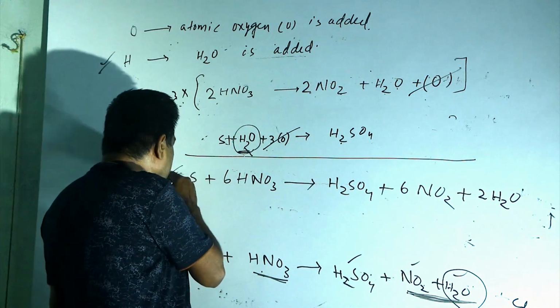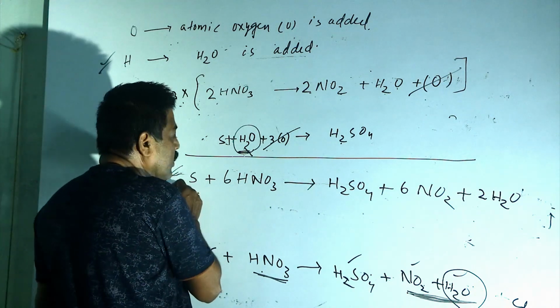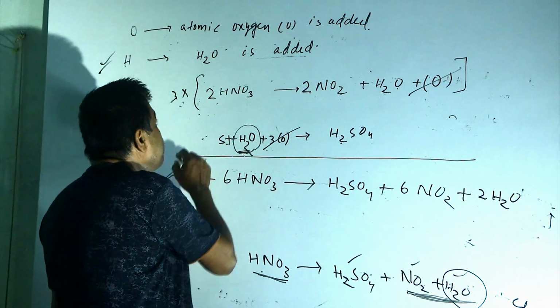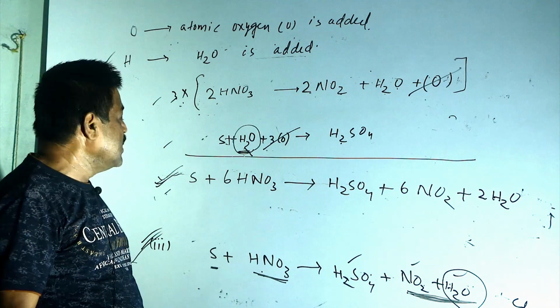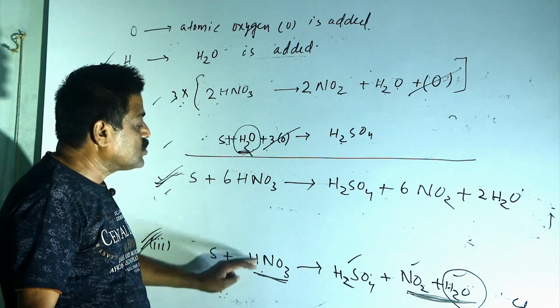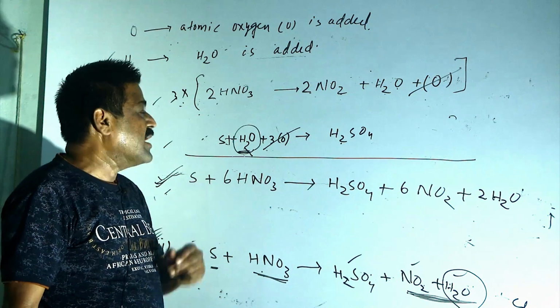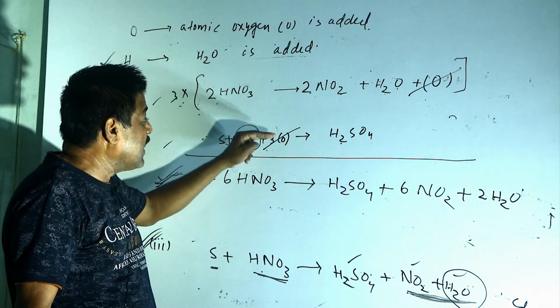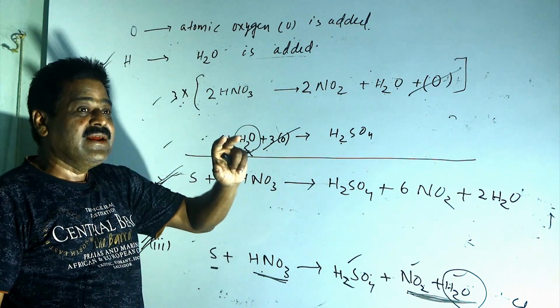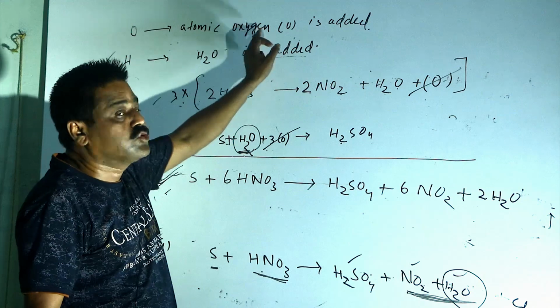Now we get the correct balanced equation in the molecular form. Here we get the correct balanced equation, and this is the partial equation I have discussed. So the given equation is to be broken down into two or more parts, and each part equation is to be balanced. During the balancing, if there is any inequality of oxygen atoms, then atomic oxygen is to be added.